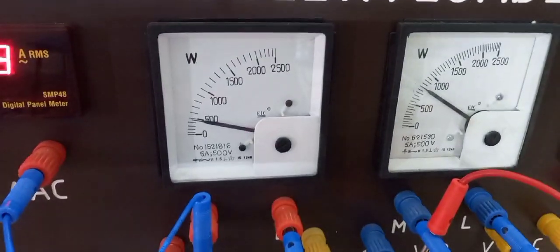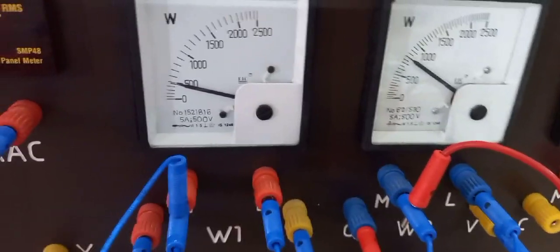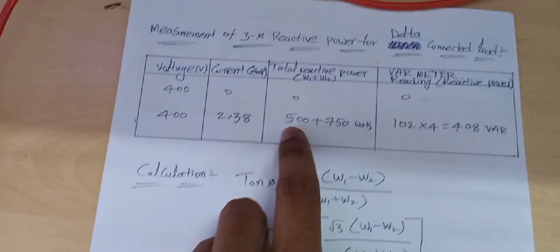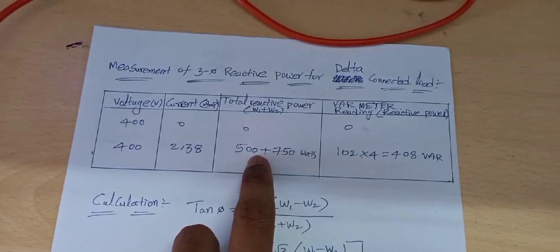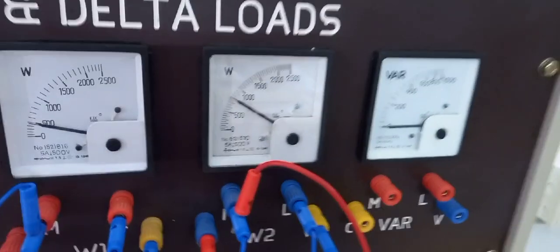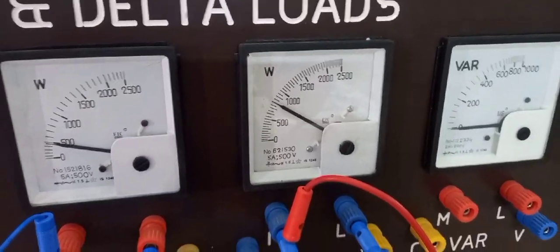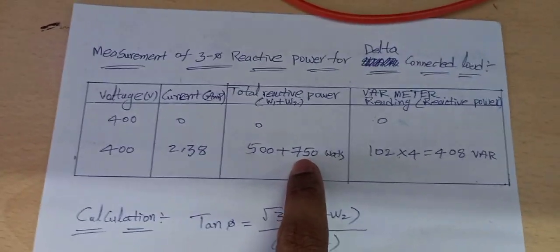In the first wattmeter we got approximately 500 watts, so that 500 watts I have written here, and the second one, you remember, 750 watts second wattmeter reading, that 750 watts mentioned here.